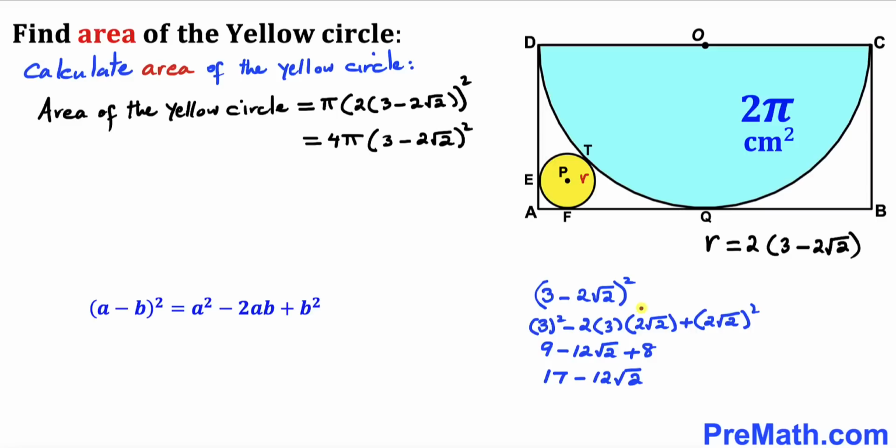And I took the square, and as you can see, this whole thing has been simplified to 17 minus 12 times square root of 2. So therefore I'm going to replace this whole part by this simplified form, 17 minus 12 times square root of 2. So therefore let's go ahead and write down 4 pi times 17 minus 12 times square root of 2.